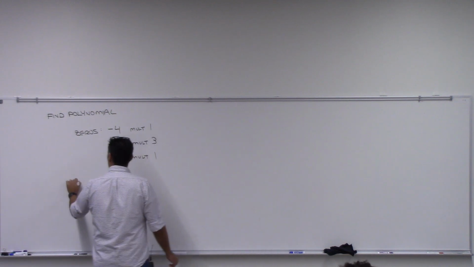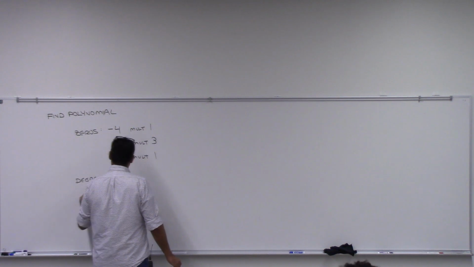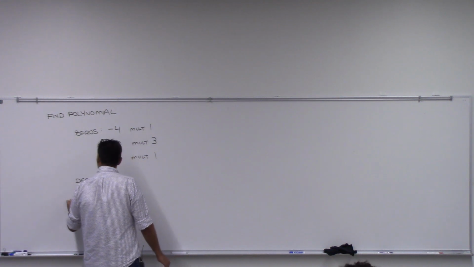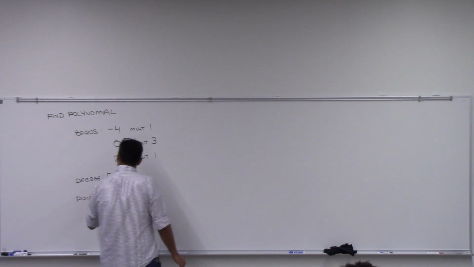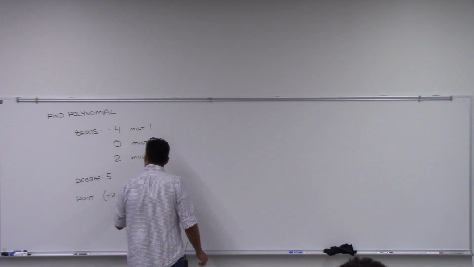It needs to be a degree 5. And the point negative 2, 64 needs to be on that graph.